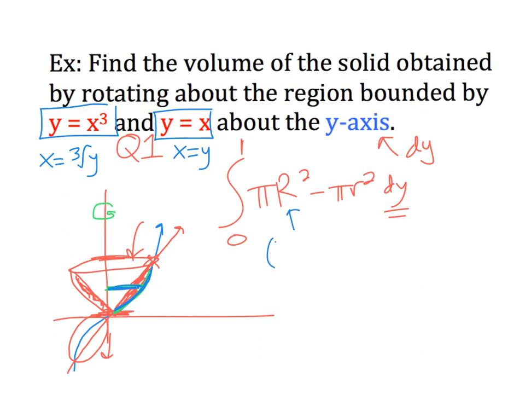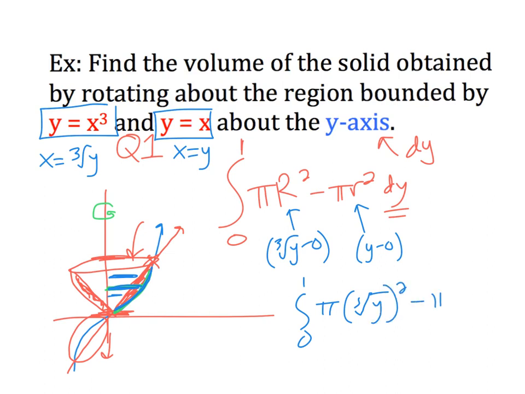The smaller radius ends up being the linear function there, so it ends up being y minus 0 as that horizontal distance. And so the setup would be the integral from 0 to 1 of pi times the cube root of y squared, minus pi times y in parentheses squared, dy. After the setup, which is the more difficult part, you can factor out a pi and just do reverse power rule to evaluate this integral. So I'll let you work this out by hand to determine the answer on your own.